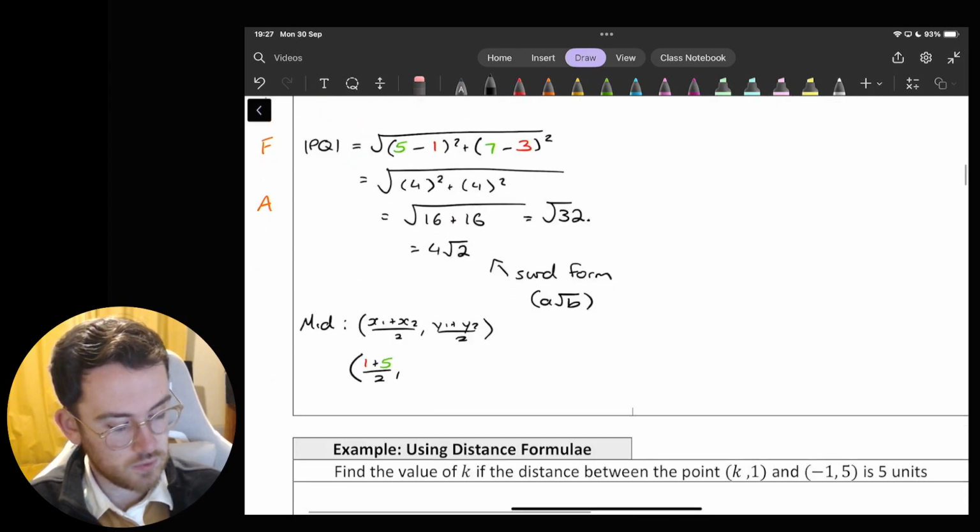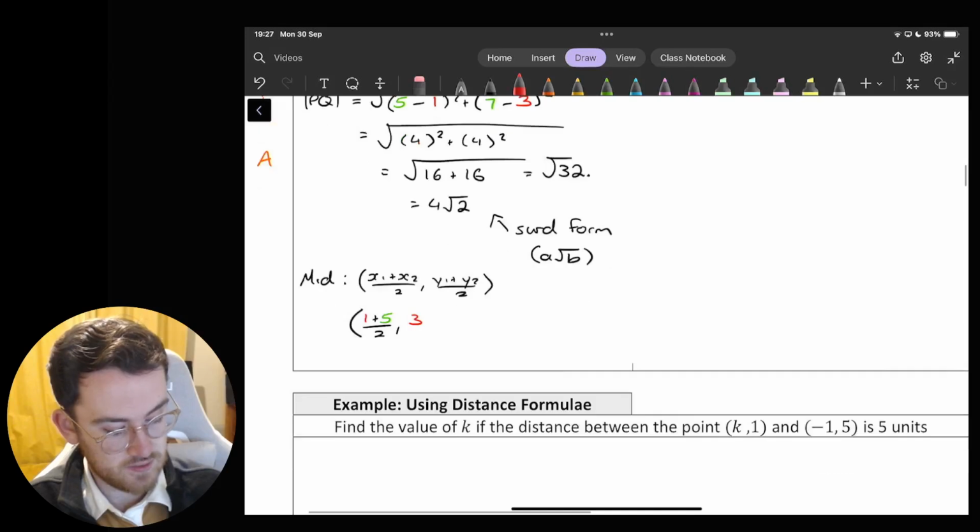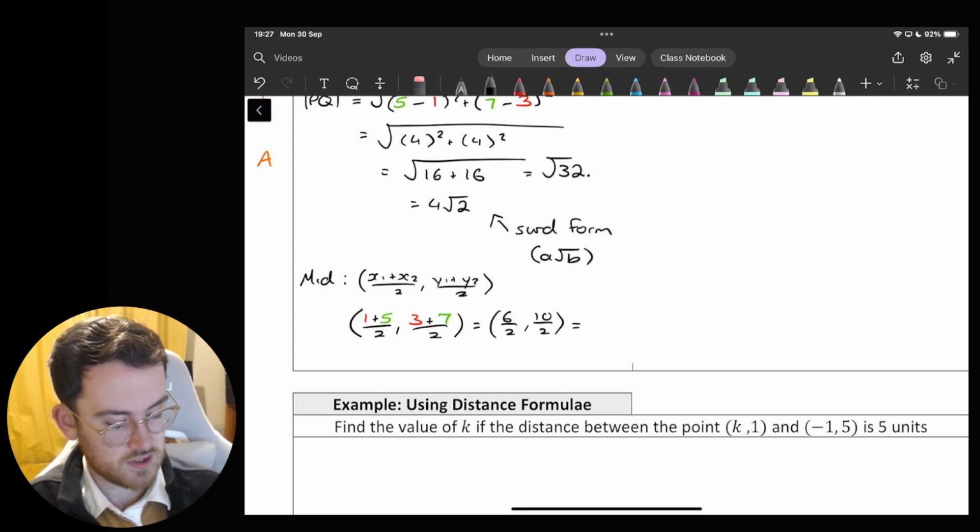Then y1 is 3 and y2 is 7, all over 2. I can simplify that down: 6 over 2, 10 over 2, which simplifies to just 3, 5.